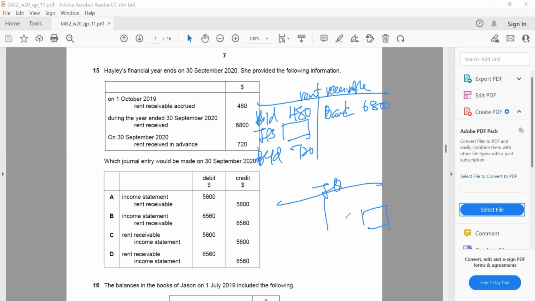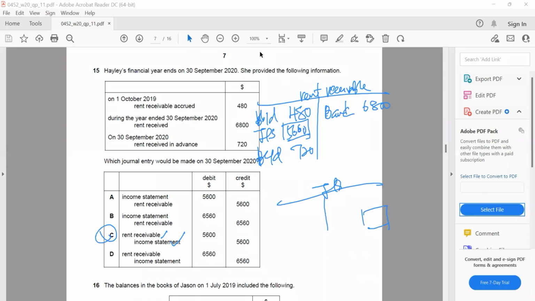So we take the bank amount 6,008 minus 480 minus 720. So we get 5,006. So the answer should be debit rent received, credit the income statement. So the double entry should be answer C.